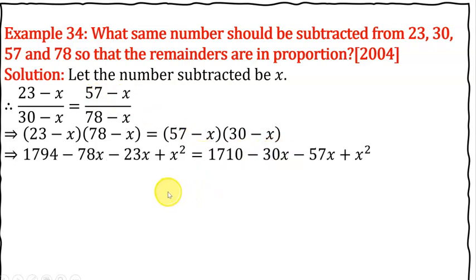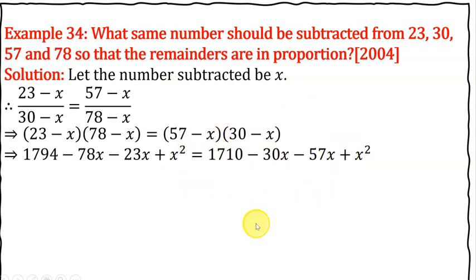And next, after simplification, you will get 23 into 78, 1794, next minus 78x, next minus 23x plus x square. Again, simplification, 57 into 30, 1710, minus 30x, minus 57x, and lastly plus x square.